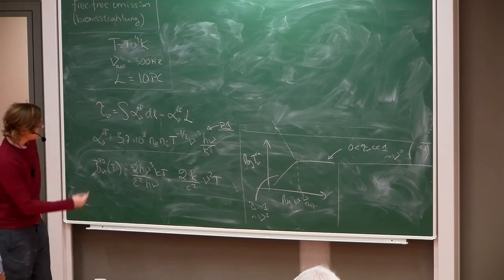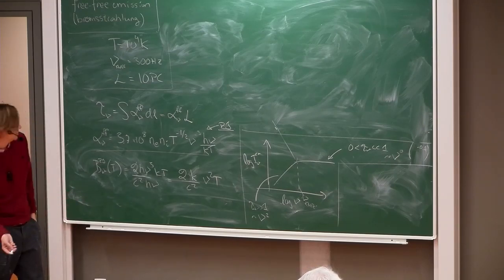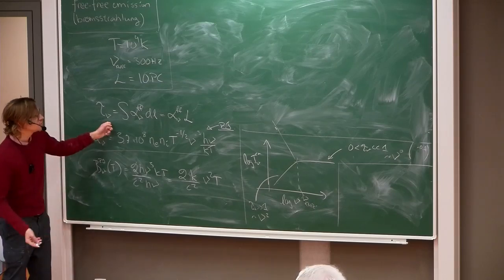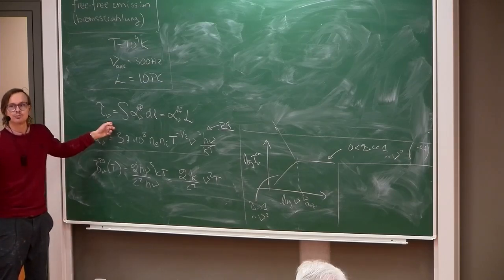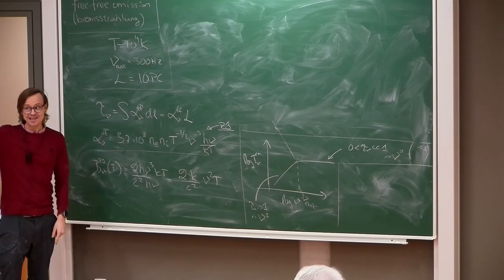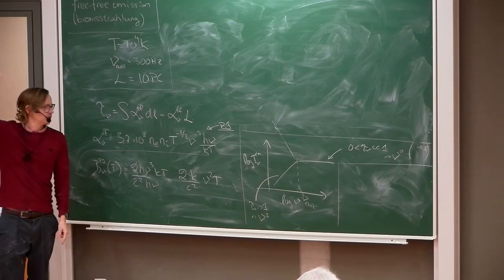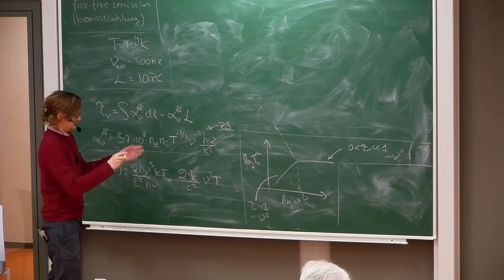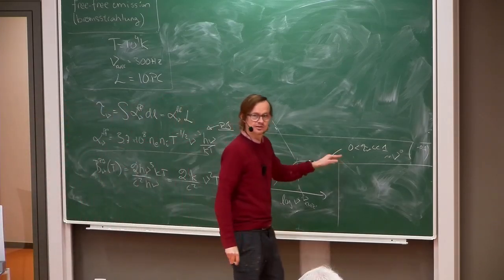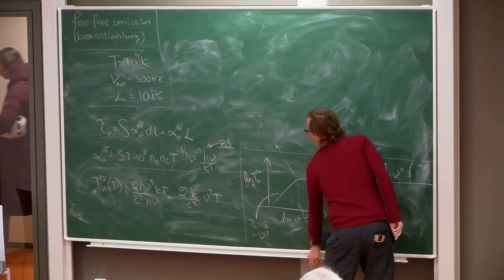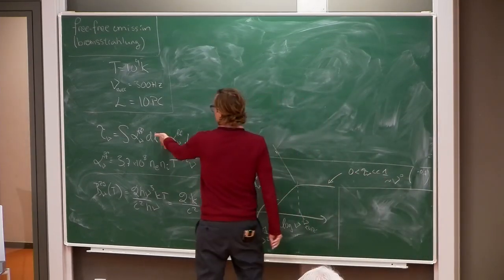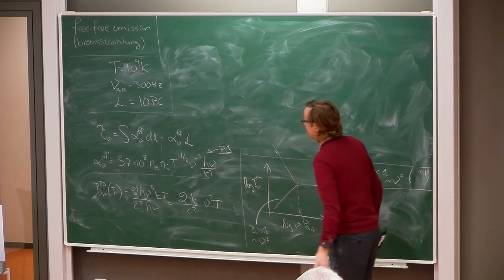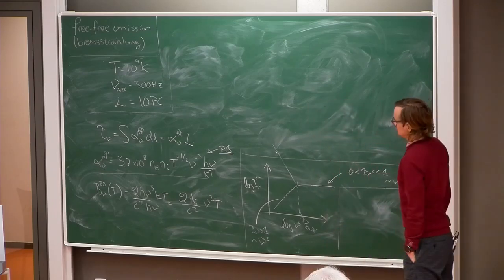Now, then, where does this transition occur? Well, we know that it's going to occur roughly at optical depth unity, because that's the transition between optically thin and optically thick. Again, this is not exactly right. For that, you need a detailed radiative transfer model, but you can get a good estimate from it. So let's say that this occurs exactly at tau nu equals unity.